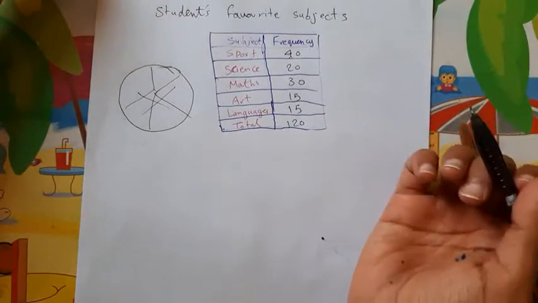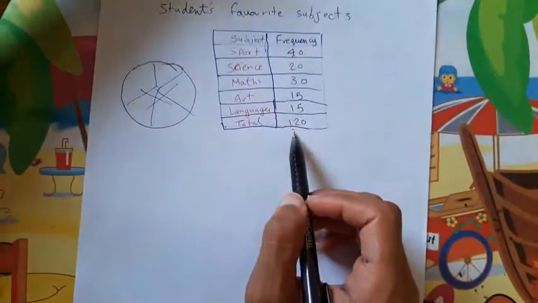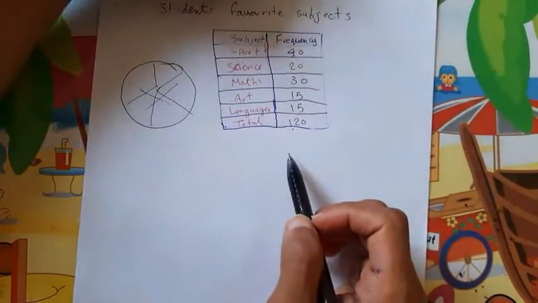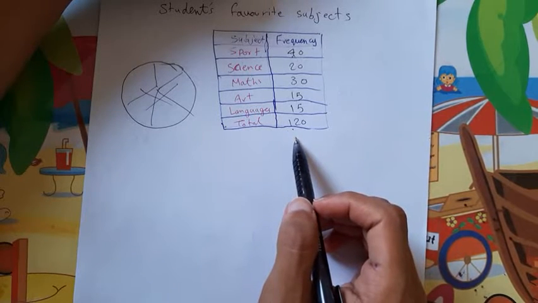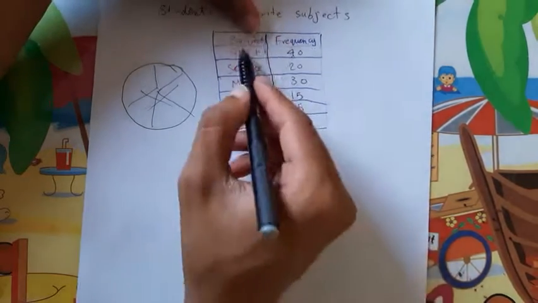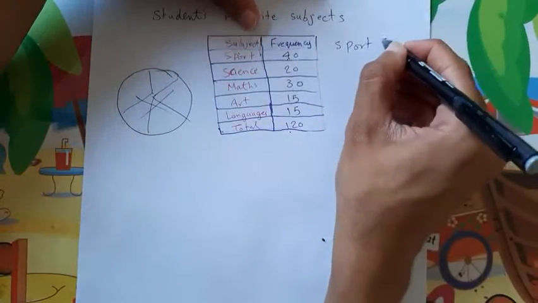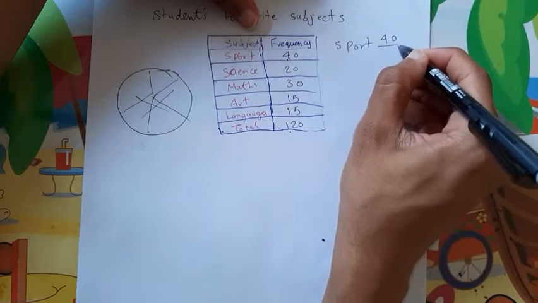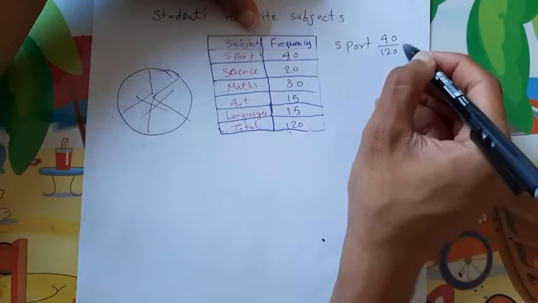What is the total number of students? It was 120, right? So first of all, I need to represent the numbers of students as fractions. So for sport, 40 students preferred sport out of 120 students, the total number of students.